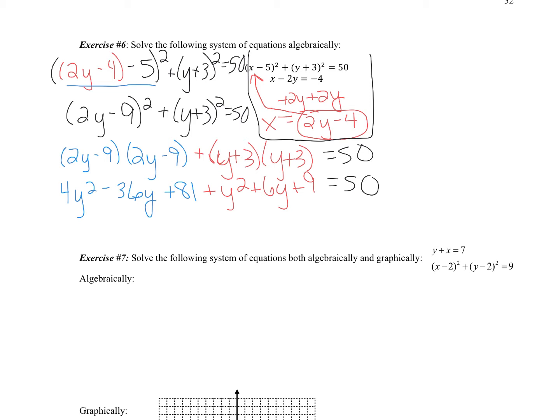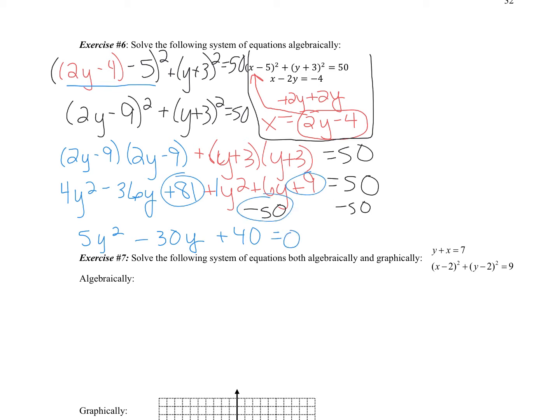So I need to move my 50 over, and I also need to combine like terms. So subtracting 50, I end up with putting a 1 in, 5y squared, and then minus 30y, and plus 40 from my 81, my 9, and my minus 50.